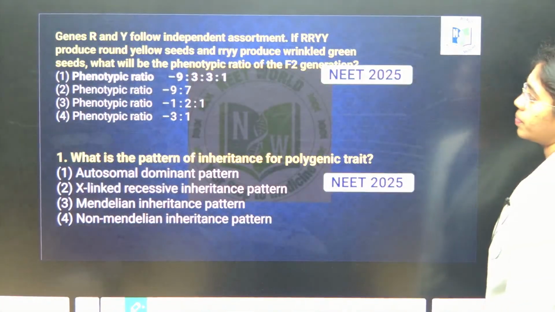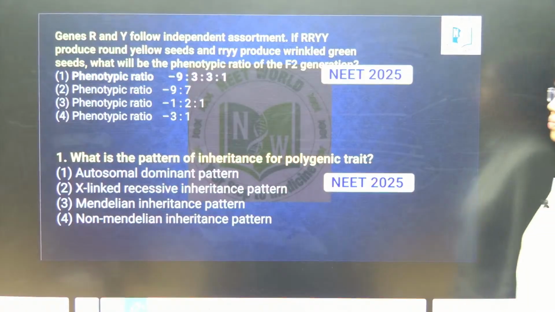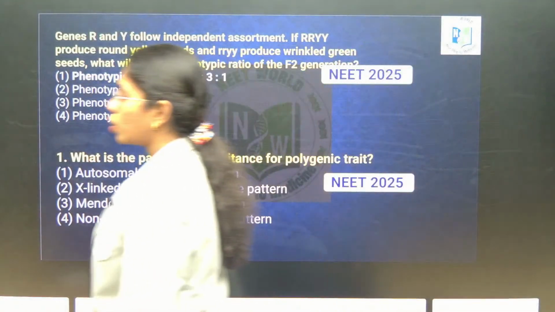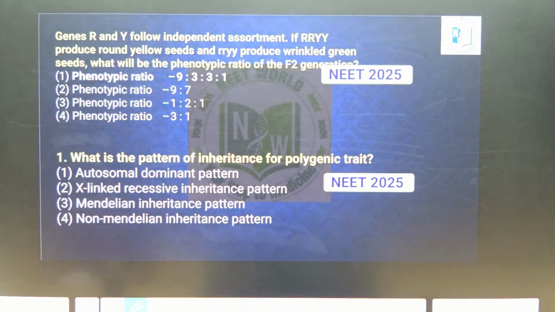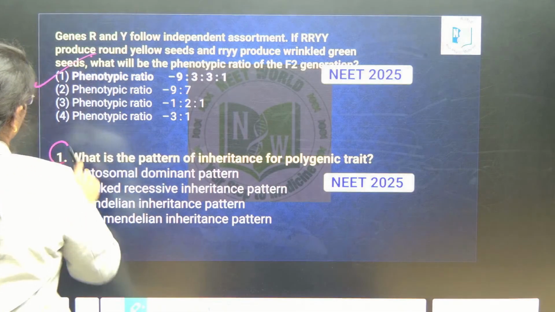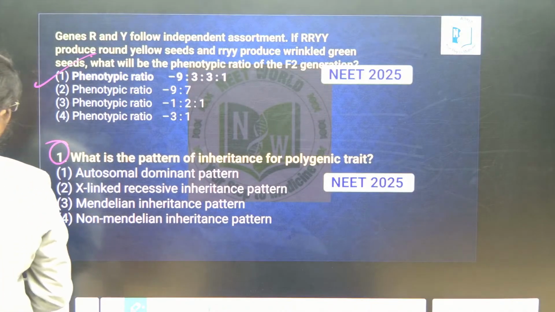Next question, simple. Good. Shakil Khan, very good, continue. 9:3:3:1, good. This question, polygenic inheritance.